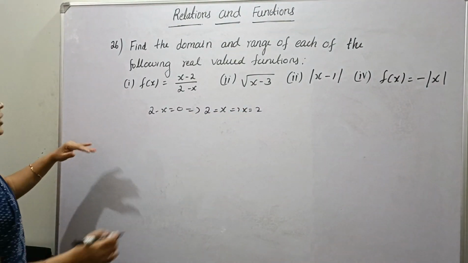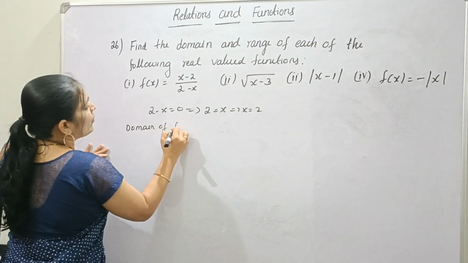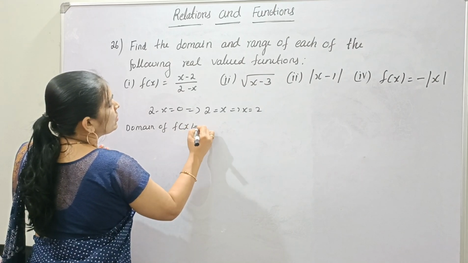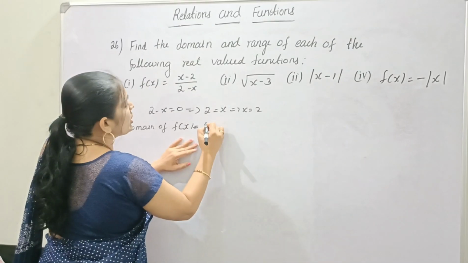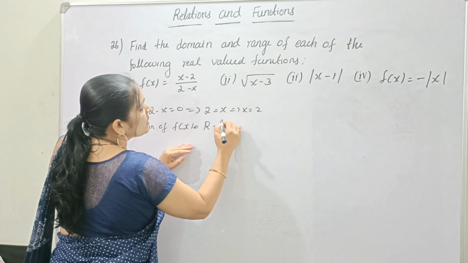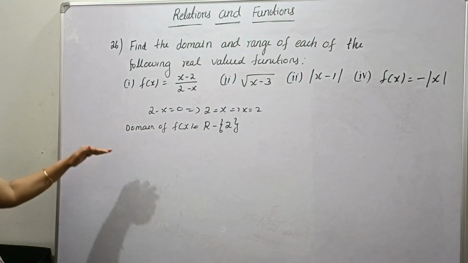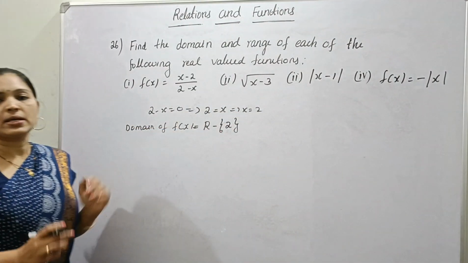So the domain of f of x is all real numbers except 2. So the domain of this function is R minus 2.